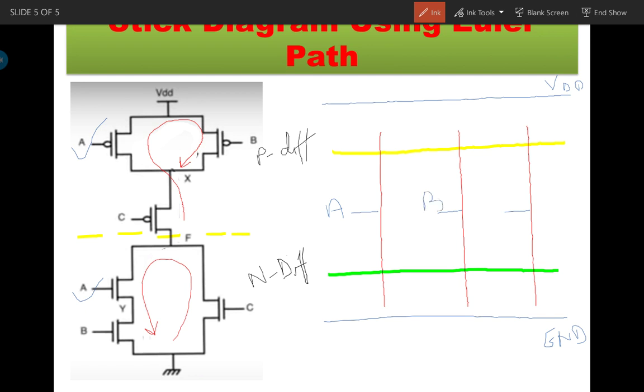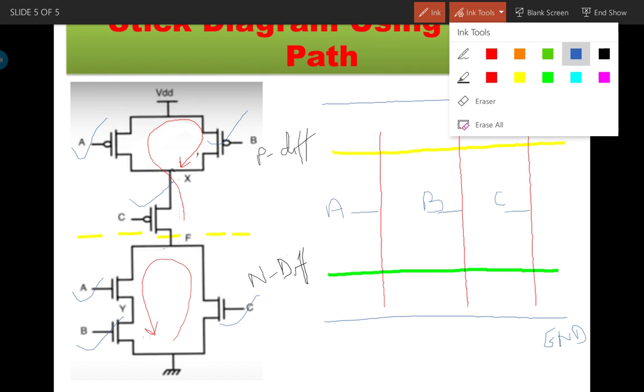Similarly, the B input, on the upper side this shows the PMOS transistor, and on the lower side this shows the B input of the NMOS transistor. Similarly, the third input is C, the C input PMOS on the upper side and the C input NMOS on the lower side. Okay, so these are the 3 inputs.